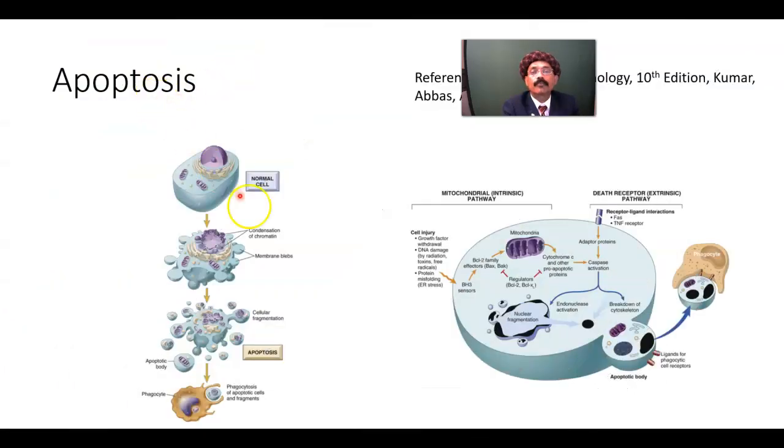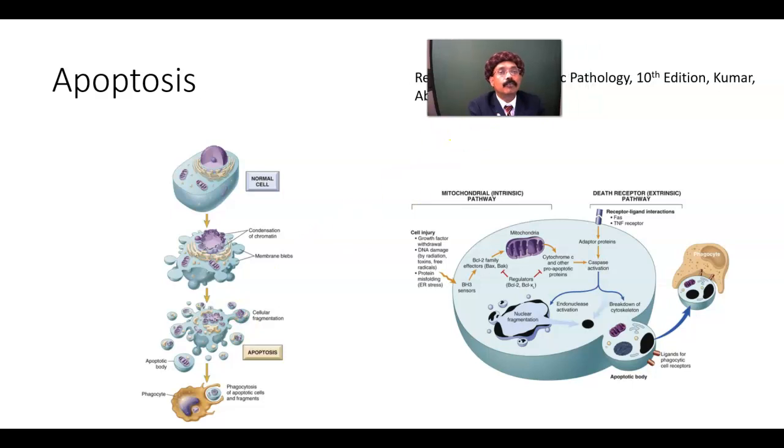Here is apoptosis in a normal cell. What happens? Condensation of chromatin, and then membrane bleb formation, and this bleb separates out with membrane. The cell membrane is always intact, so there is no inflammation.